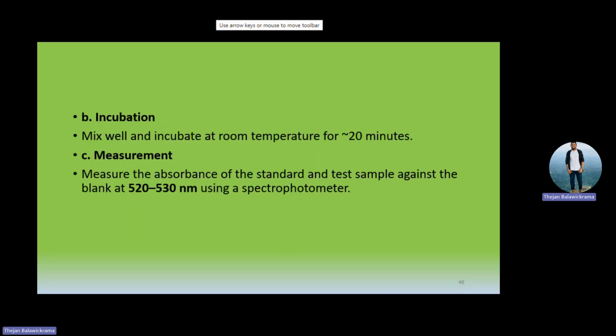Here, incubation is done at room temperature for around 20 minutes. Then again we use the spectrophotometer to measure the color intensity.